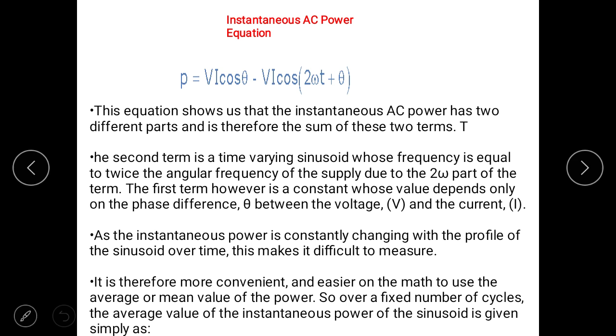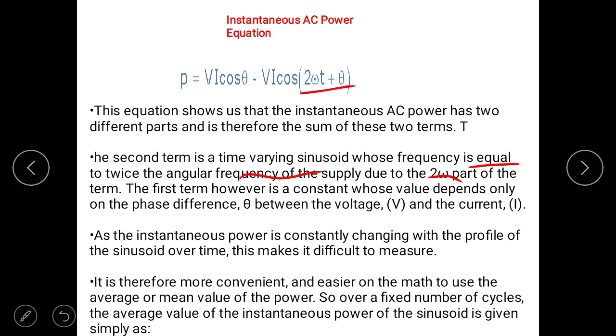This equation shows us that the instantaneous AC power has two different parts, and is therefore the sum of these two terms. The second term is a time varying sinusoid whose frequency is equal to twice the angular frequency of the supply, due to the 2 omega t part.